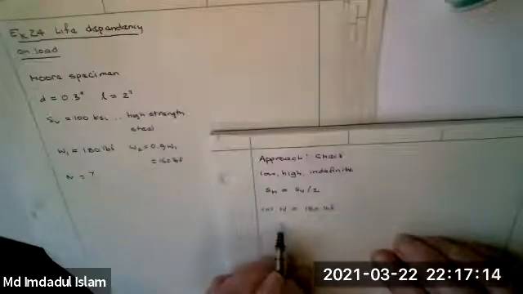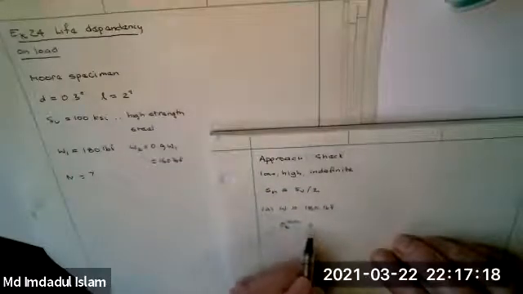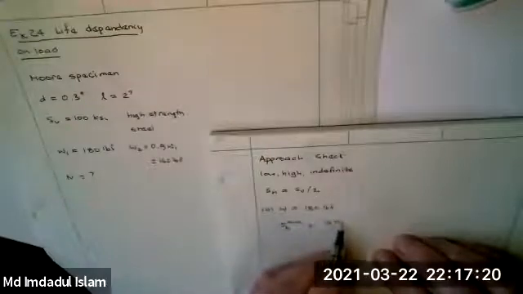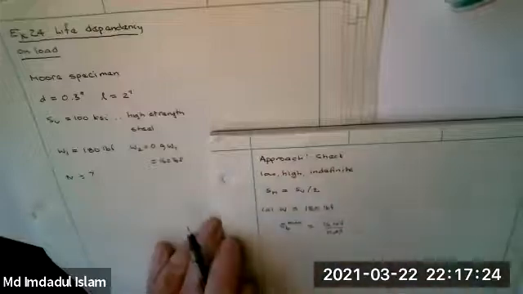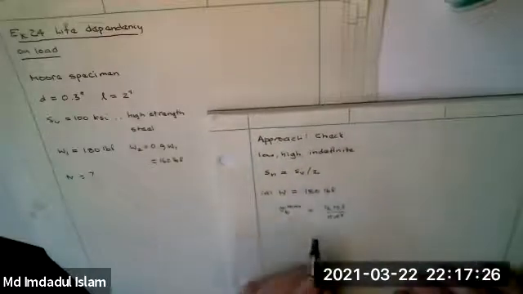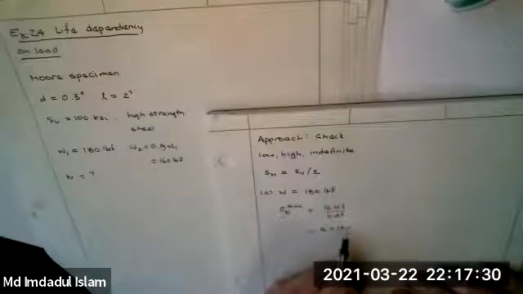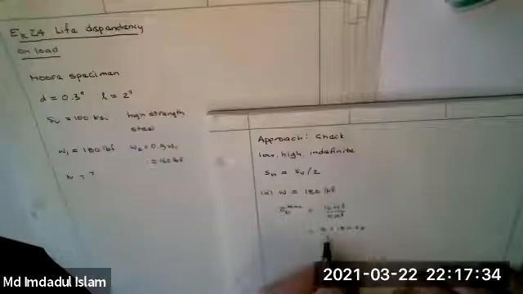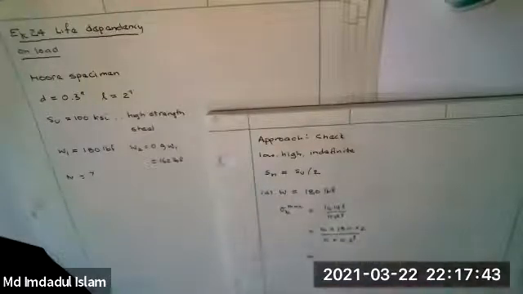So sigma B max, 16 WL over pi d cubed. And L is 2 inches. This will come out in PSI.